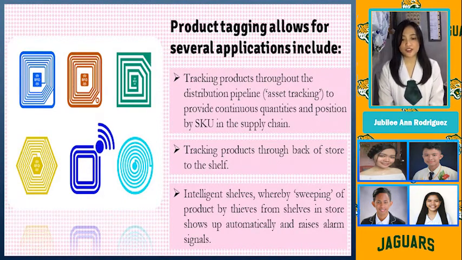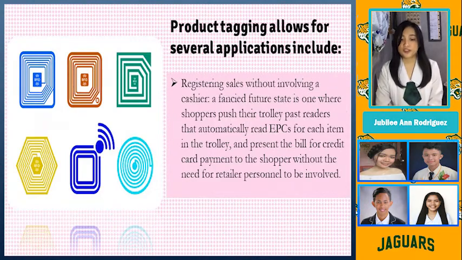Product tagging allows for several interesting applications, including tracking products throughout the distribution pipeline, asset tracking to provide continuous quantities and position by SKU in the supply chain, and tracking products from the back of the store to the shelf. Intelligent shelves, whereby sweeping of products by thieves from shelves in stores shows up automatically and raises alarm signals, registering sales without involving a cashier.